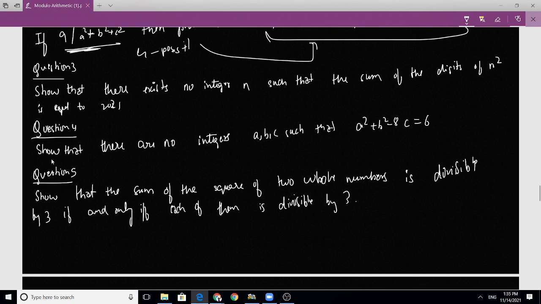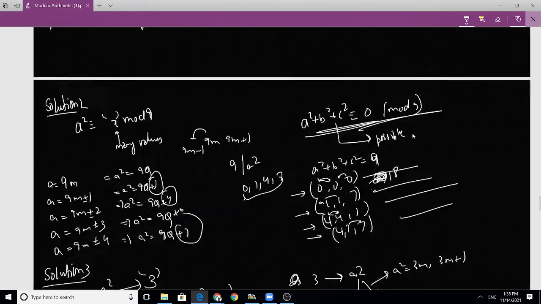Show that there is no integer a, b, c such that a square plus b square minus 8c equals 6. Solution of question 4.